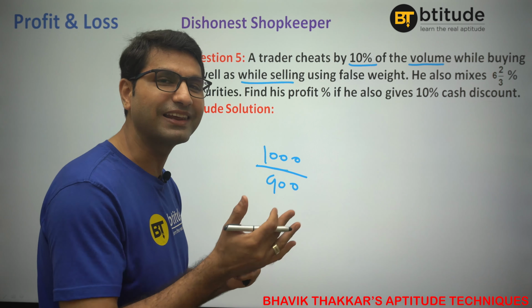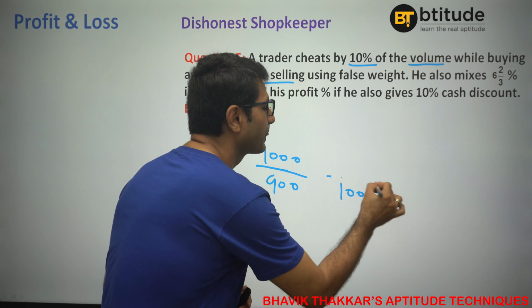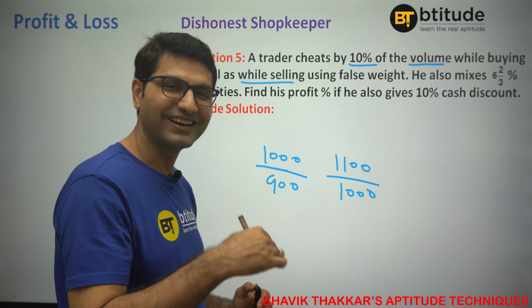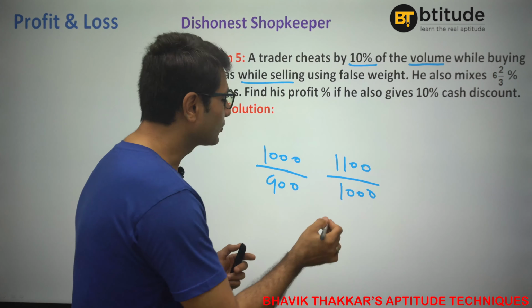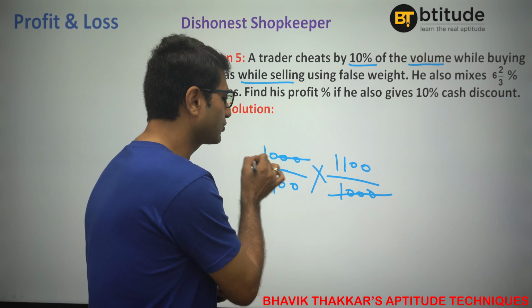And then while selling, he is adding 10%. So instead of 1 kilo, 1000 gram, he is actually getting money worth 100 gram more. So he is making 1100 gram out of 1000 gram. Either you can calculate them separately and then you can understand 1000 is common anyway.